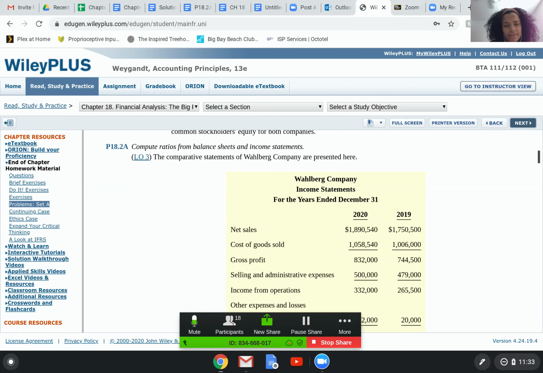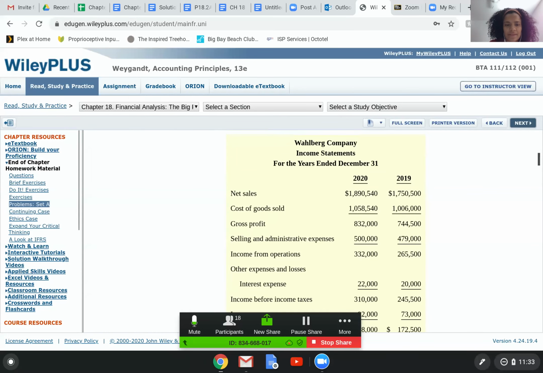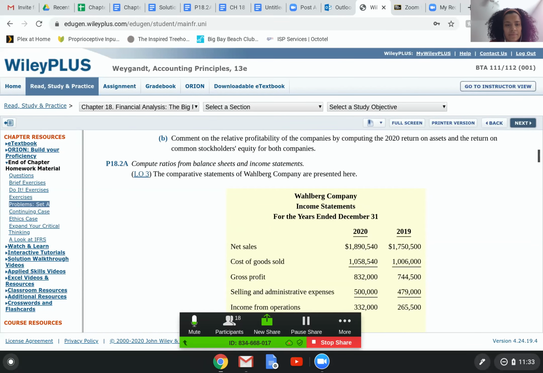I know on its face, these ratios look very obvious, and it's like, oh, I just plug the numbers into a formula, but sometimes there are extra steps and things that people forget about. So please consider this a good exercise to firm up and make sure you can calculate the ratios.